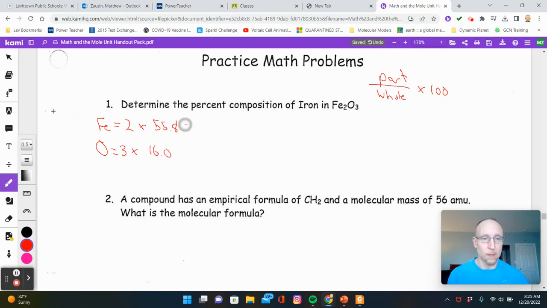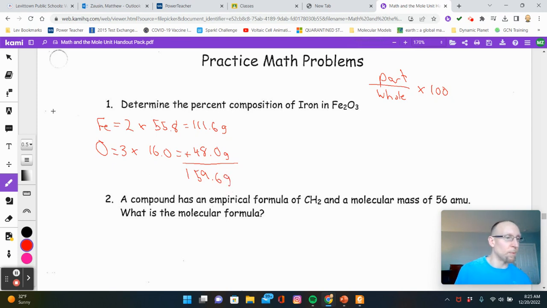We tally those up and we get 111.6 grams and 48.0 grams. Add that all up, and we get 159.6 grams. That's how much the whole thing weighs.